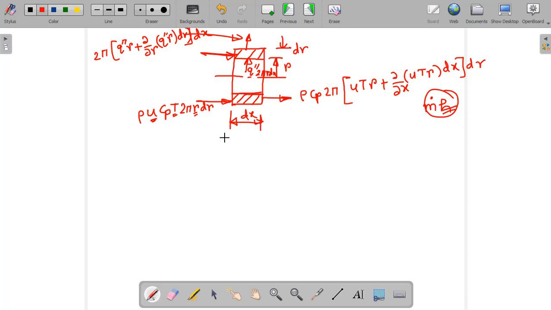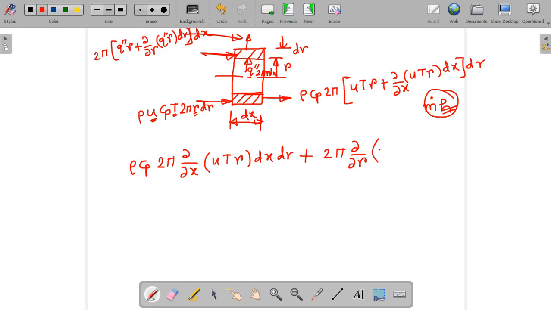So we can write that what is net going out is rho cp 2 pi into del x of uTr into dx dr, plus what is net going out here, 2 pi, then del r of the heat flux.